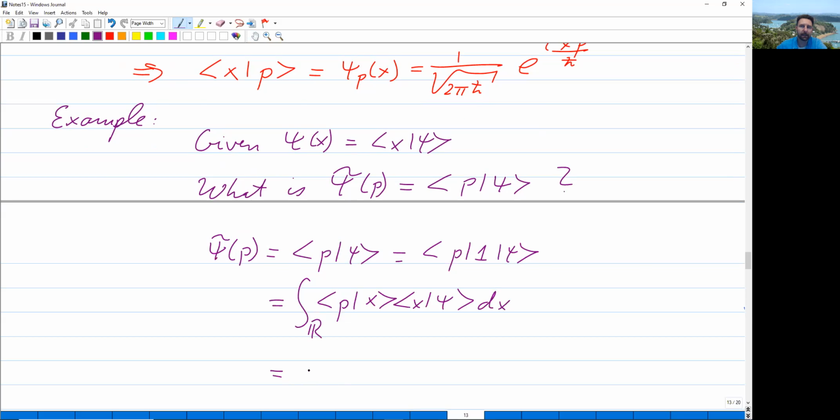And what is this then? Well, it's the integral over the real line of the complex conjugate of what we just calculated here, right?